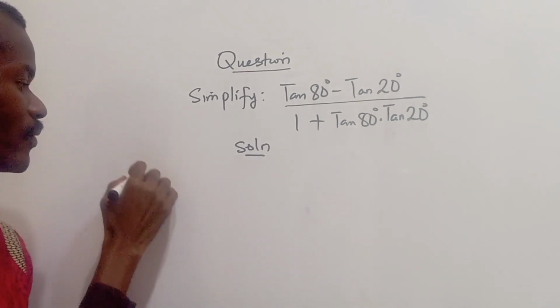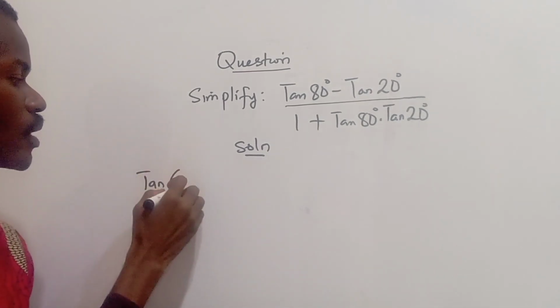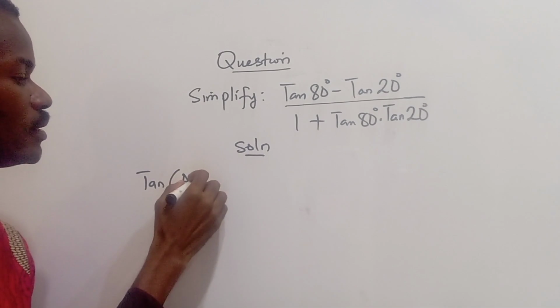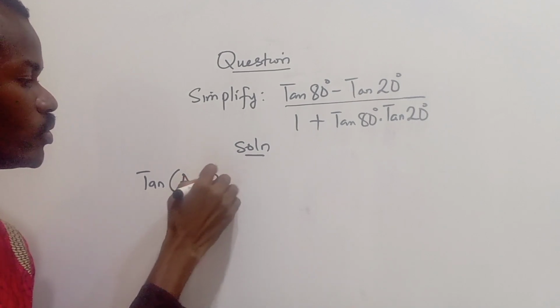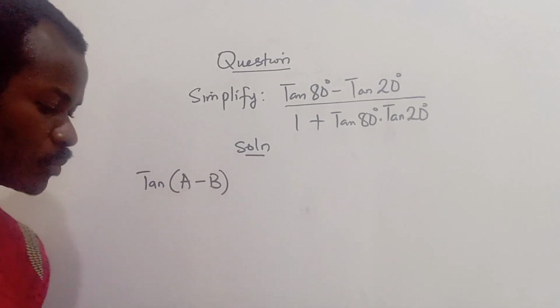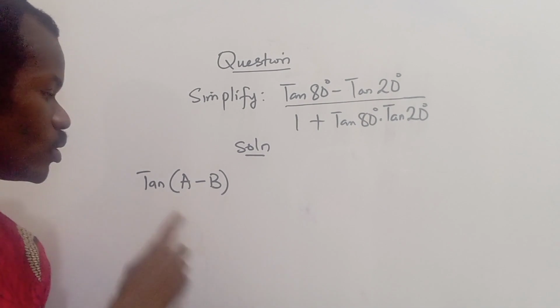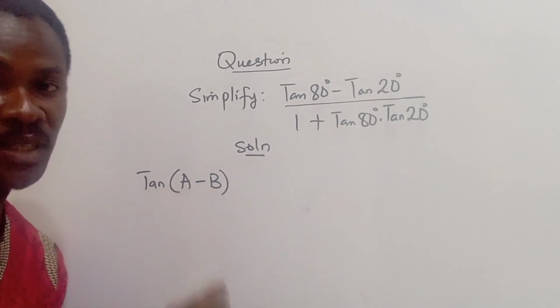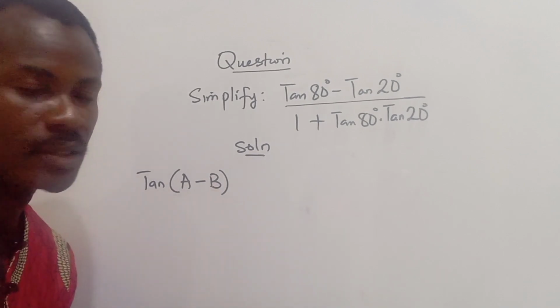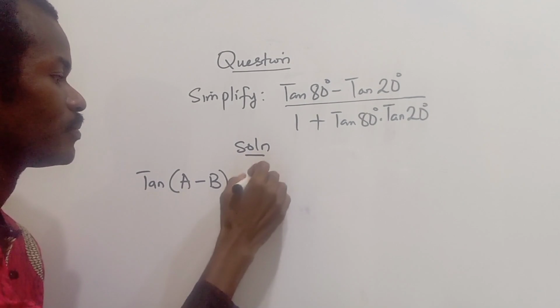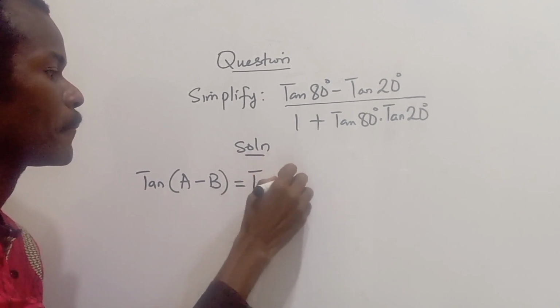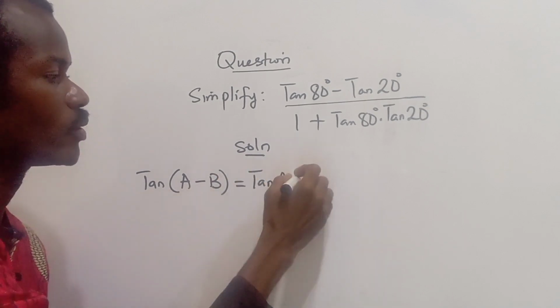For tan, if I have two angles A and B, since we have minus, we are going to use the difference of two angles formula. So if we have tan of A minus B, we are going to represent this as tan A minus tan B, since this is minus.